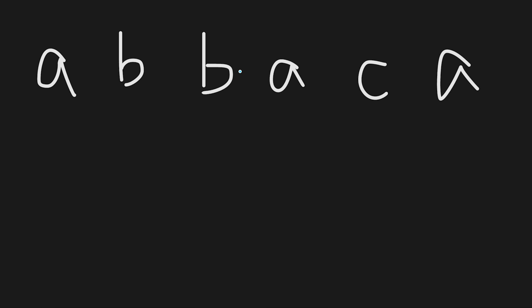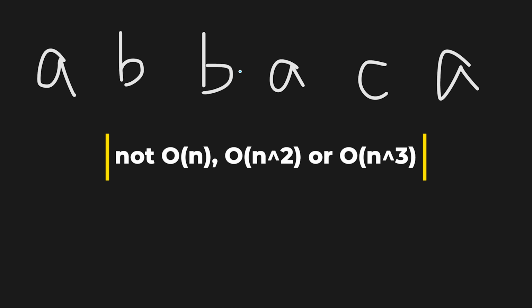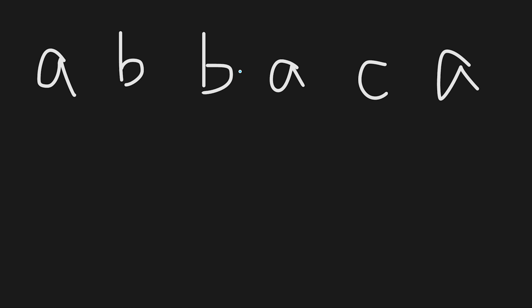But the time complexity of that solution would be order of n squared or cubed. That is not an efficient solution, and I came up with a linear solution, order of n.